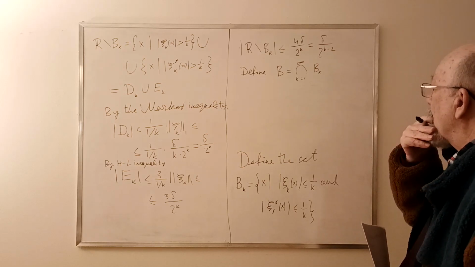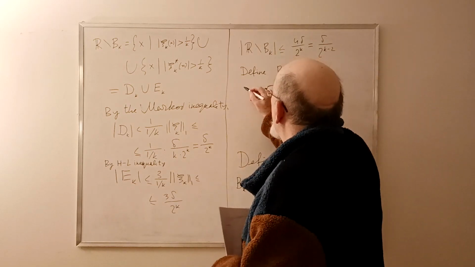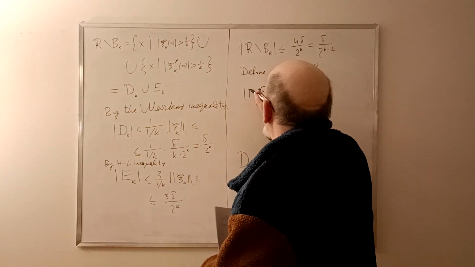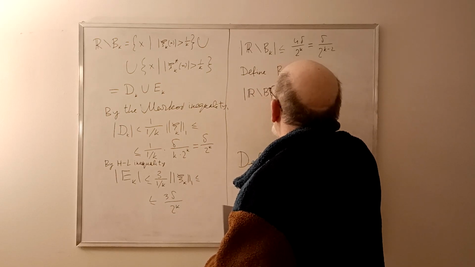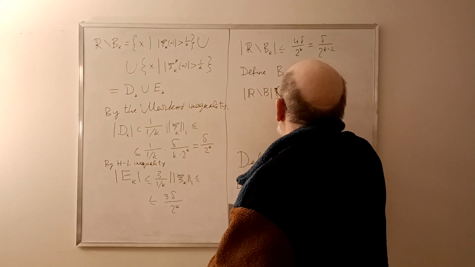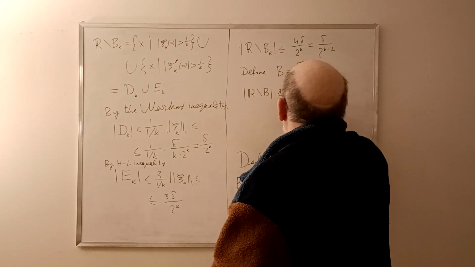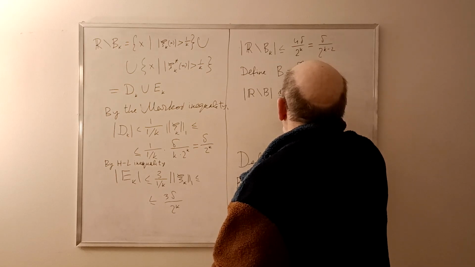and the measure of R minus B is less or equal than the sum of the measure of R minus BK, from 1 to infinity.